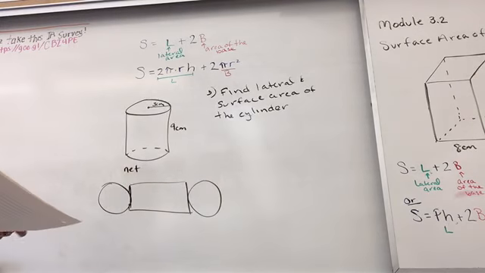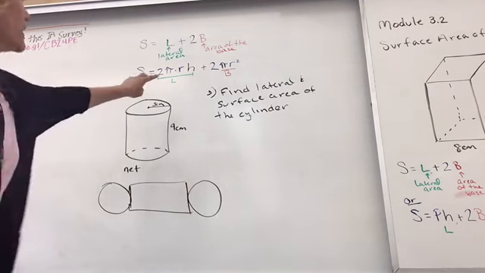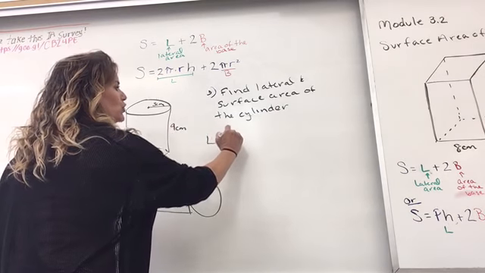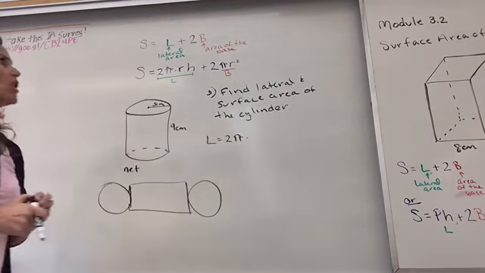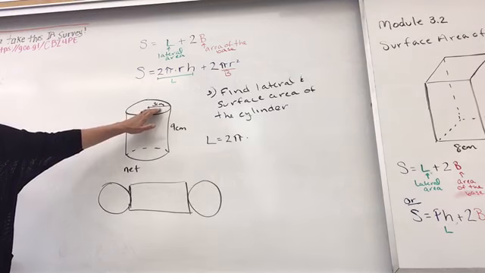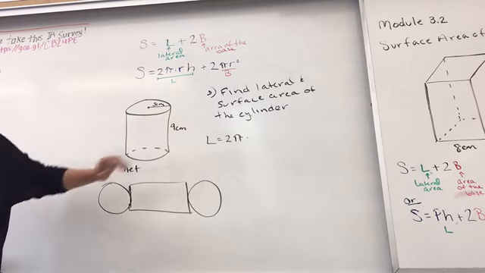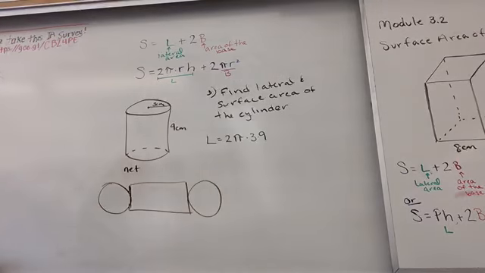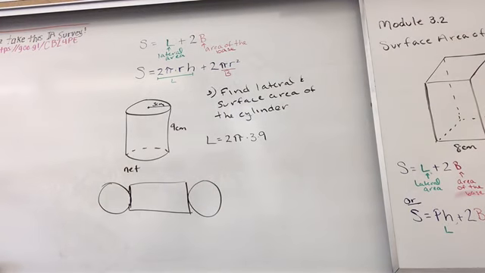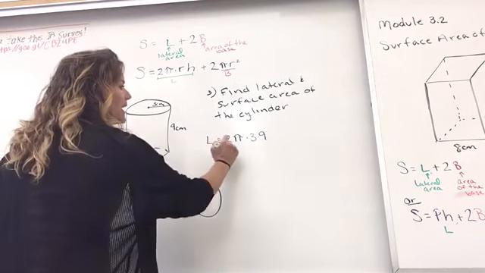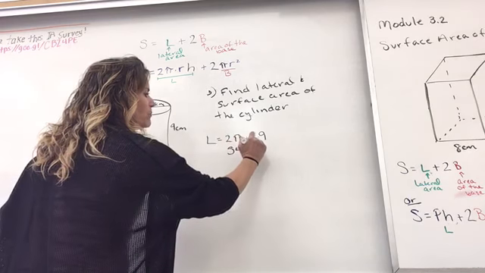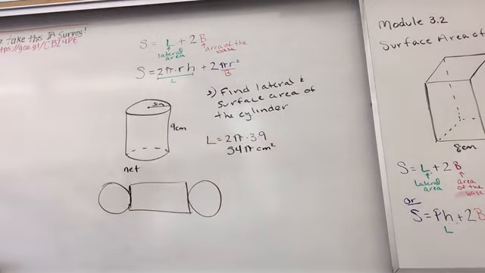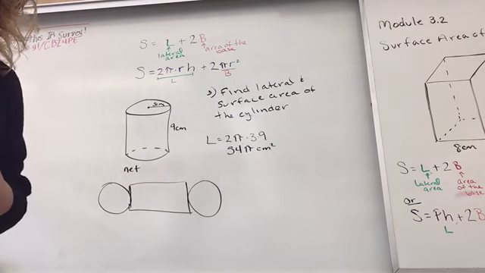So going to my formula for the lateral area, L equals 2 pi times r times h. Remember, r is your radius, h is your height. You're going to get your handy-dandy calculator out and multiply that together. And we're going to leave it in terms of pi. So what that means is I'm not going to multiply it by 3.14. I'm going to leave that symbol in my problem.